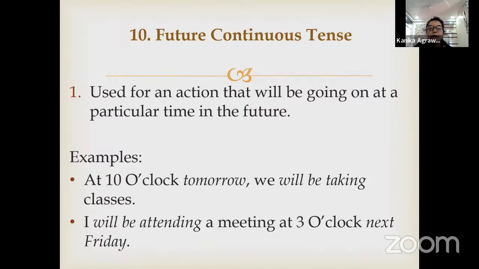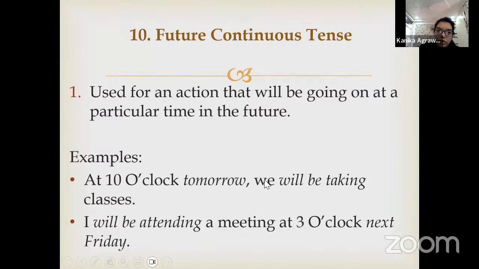Okay, I will be attending a meeting at 3 o'clock next Friday. You have the action ready, you know the date. So in that case, it is known as future continuous tense, which means it is used for an action which will be going on at a particular time in the future. No matter whatever happens, it will be there.